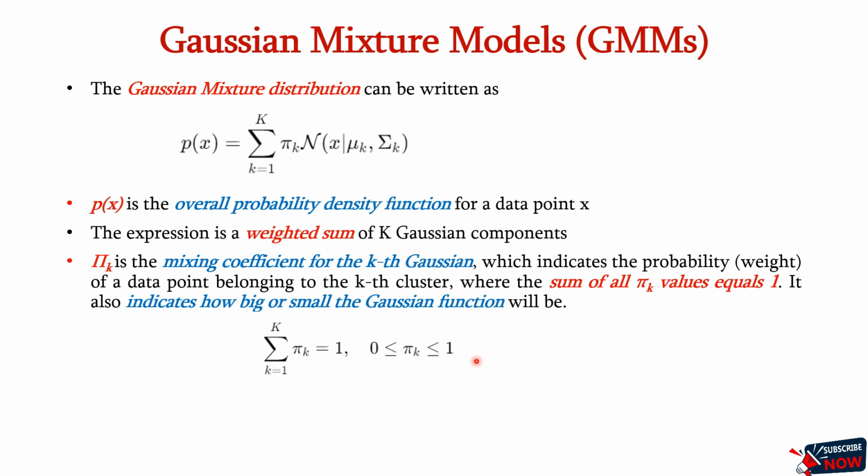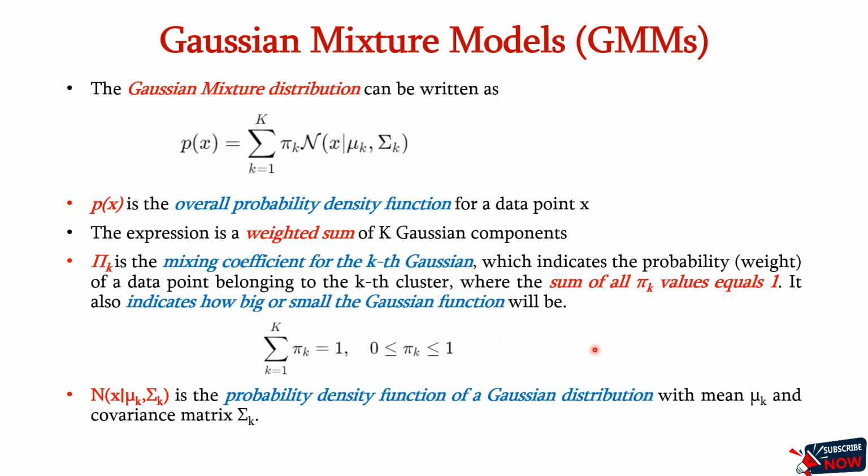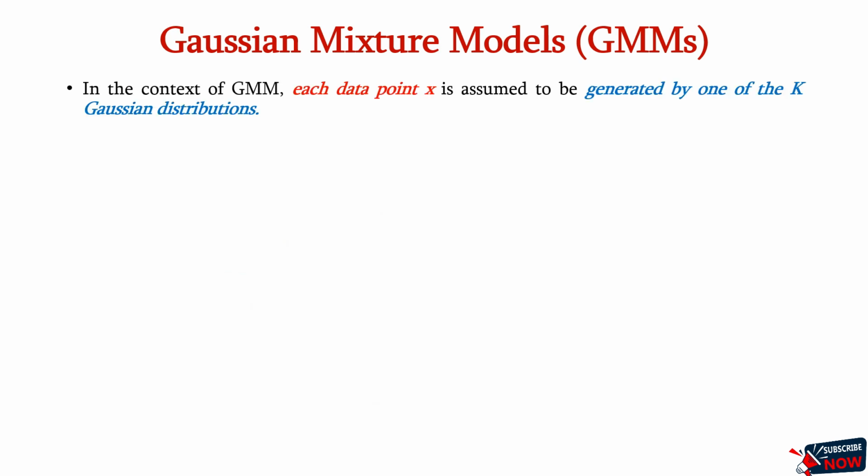This coefficient also indicates how big or small the Gaussian function will be. And this normal distribution is the probability density function of a Gaussian distribution having mean mu k and covariance matrix sigma k. In the context of GMM, each data point x is assumed to be generated by one of the K Gaussian distributions.